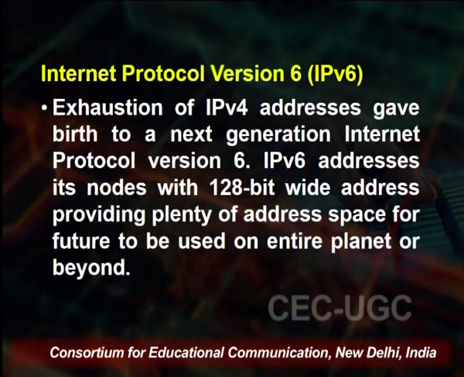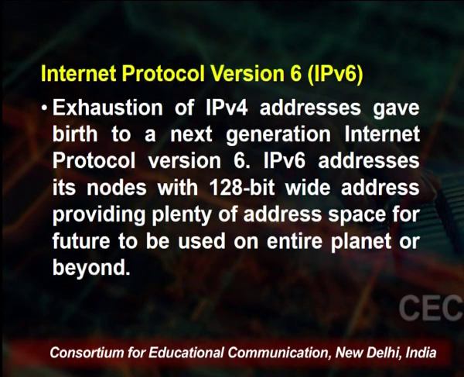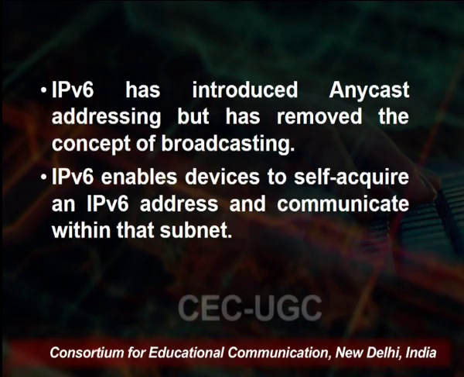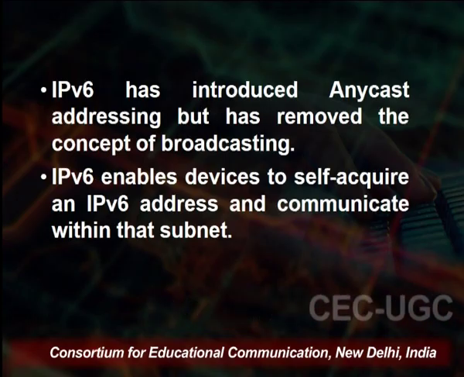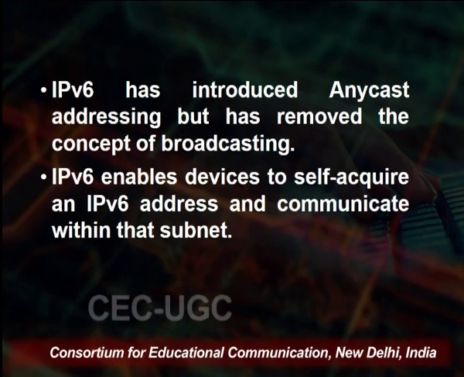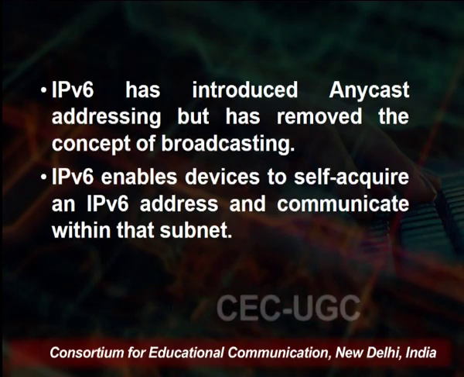So, basically the exhaustion of IPv4 addresses gave birth to the next generation, IPv6, with 128-bit wide addresses, which provide plenty of address space for future use. One important thing about IPv6 is that it has removed the concept of broadcasting. It has introduced anycast addressing.